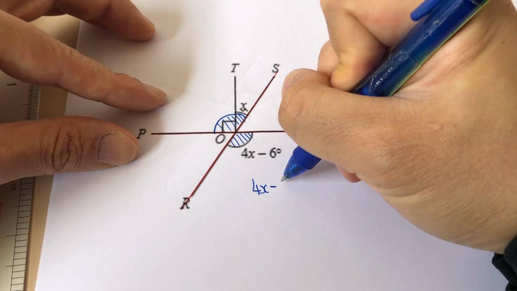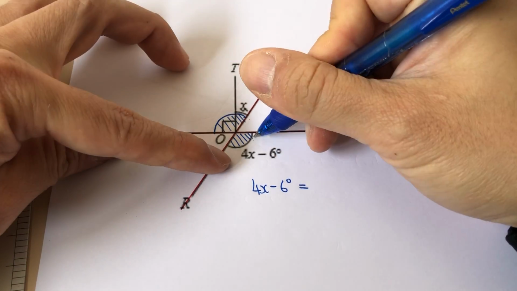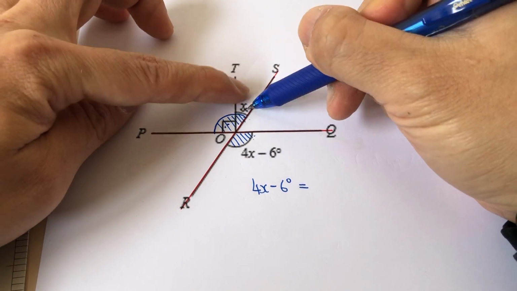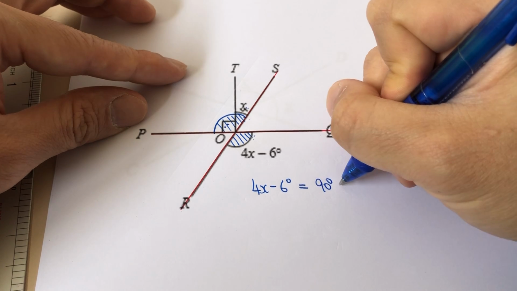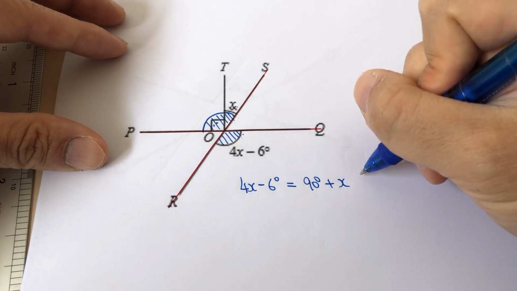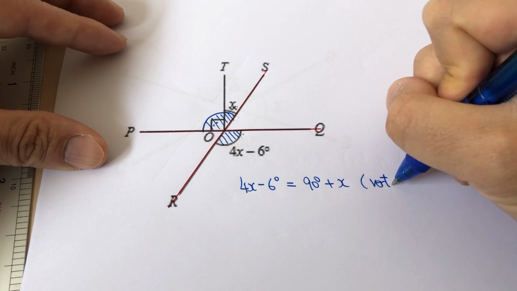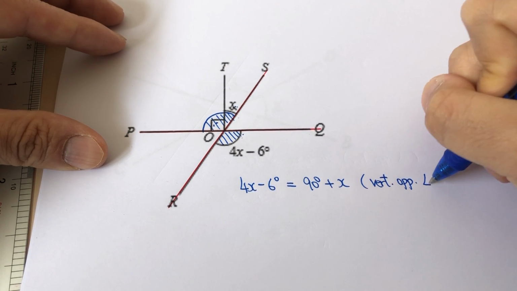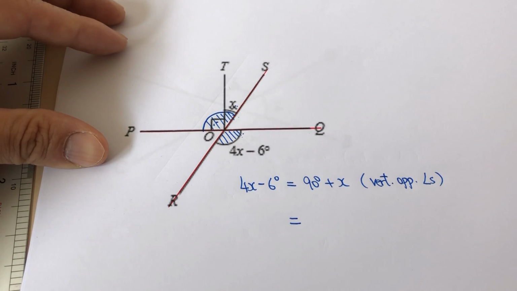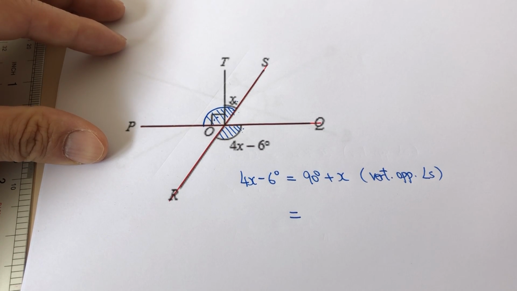Therefore, 4x minus 6 degree should be equal to not just 90, not just x, but 90 plus x. 90 degree plus x. Do you agree? Reason: vertically opposite angles. Now, what are you going to do to simplify them?